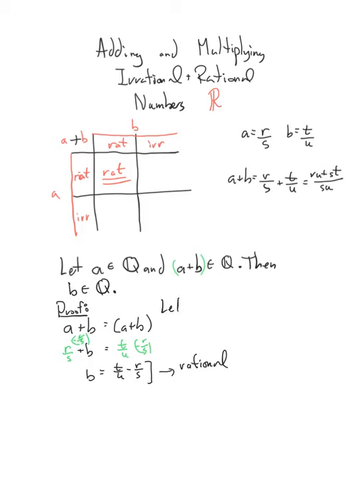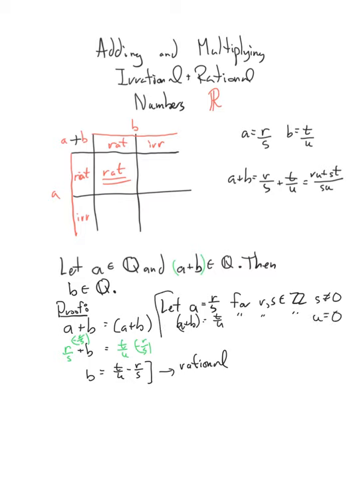We'll just say let A equal R over S for R and S in the integers, and S isn't 0, so it's a rational number. And let's let A plus B equal T over U, for the same thing, except U in this case isn't 0.